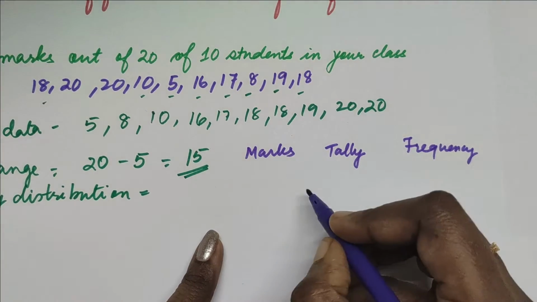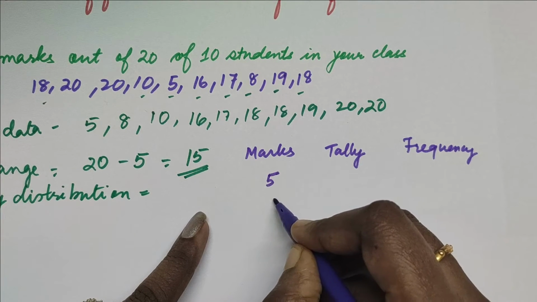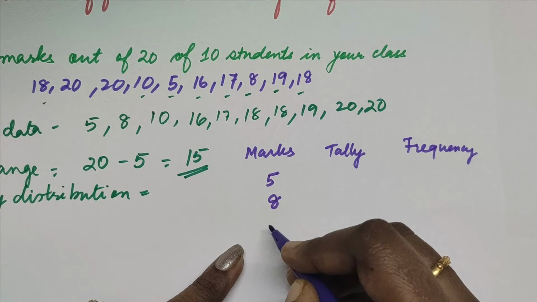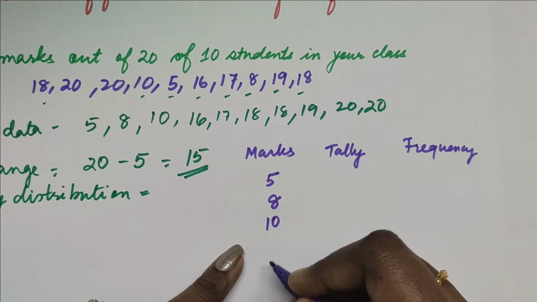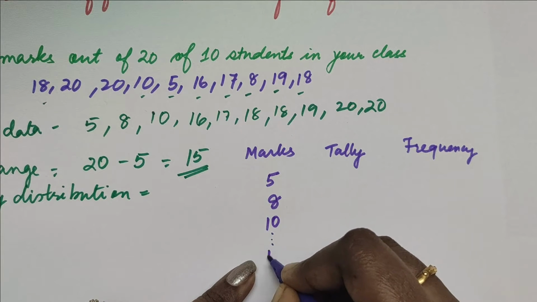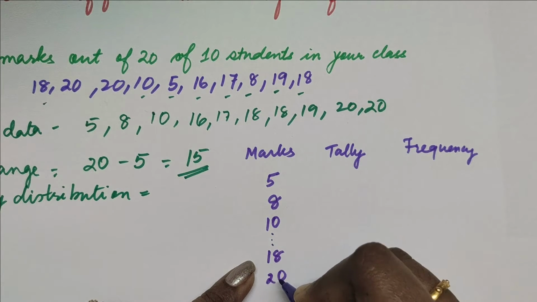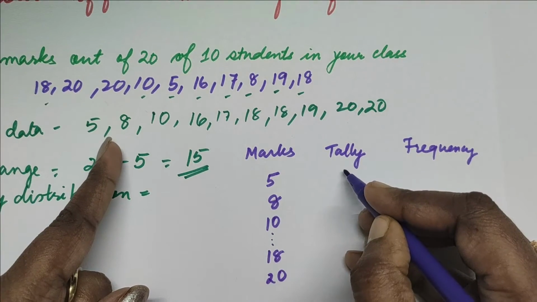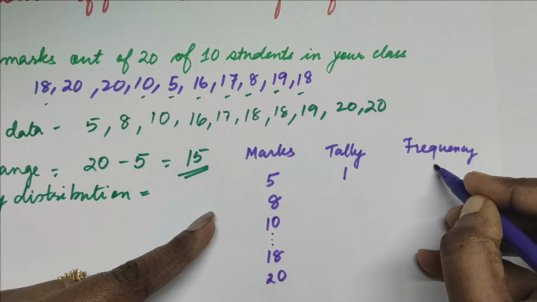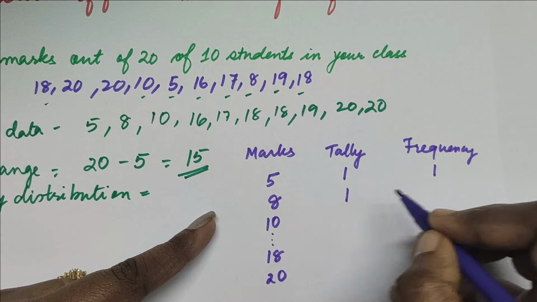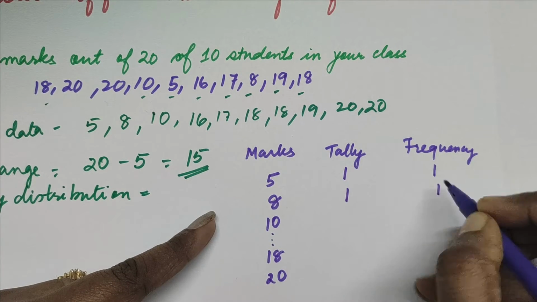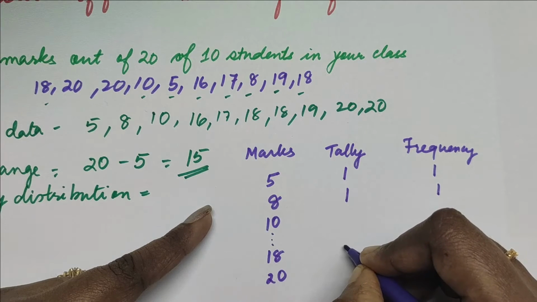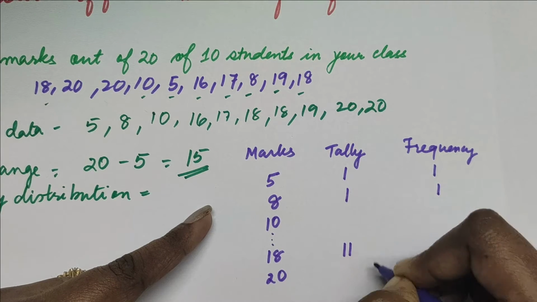So here you can see that the least is 5, then 8, 10, and I write all the marks, 18, 20. I'm just showing you a few numbers here. 5 is occurring one time, so we make one line and we write 1. 8 is occurring one time, so we make one line and write 1. But 18 is occurring two times, so we make 2 lines and write 2.